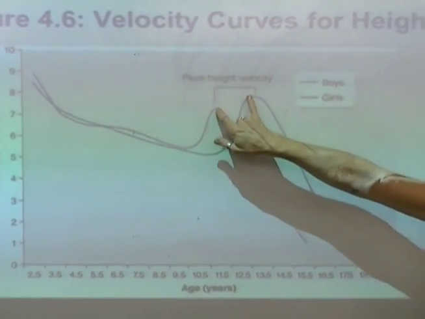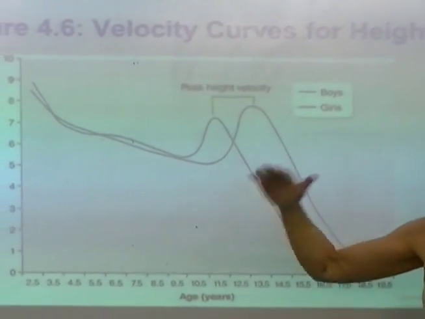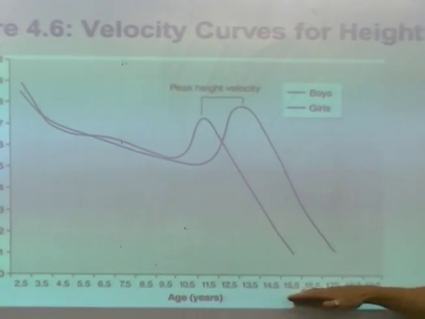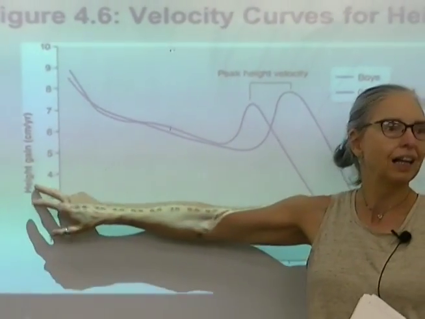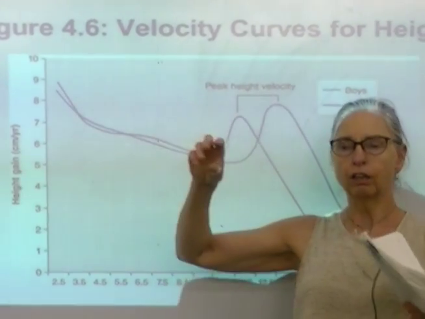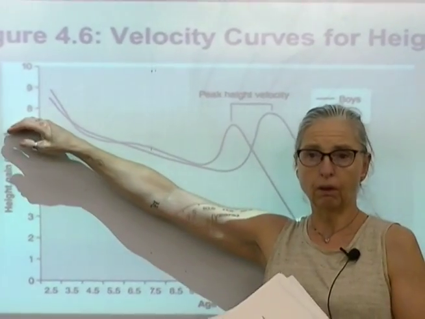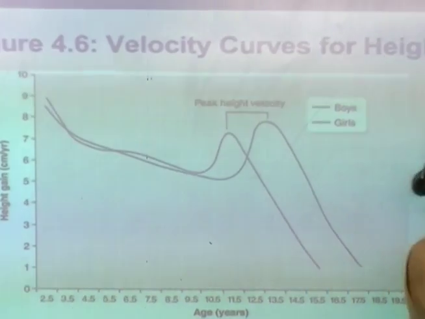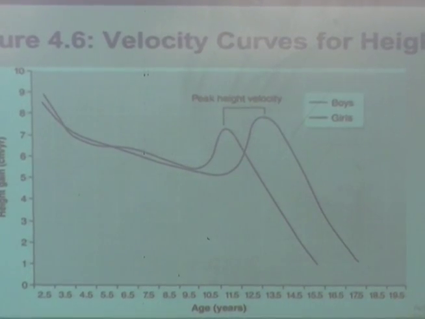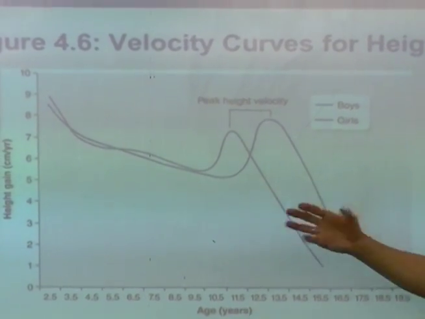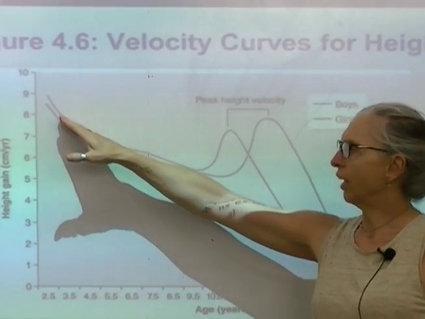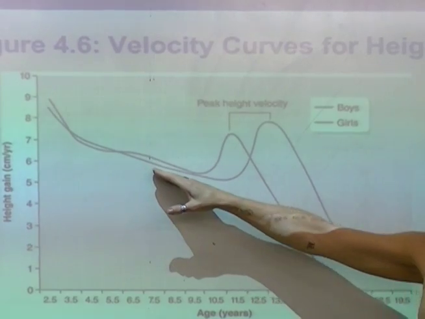Here's my peak height velocity. So this time I have age, or time along the bottom, and I've got height gain, changing growth on the y-axis rather than just pure growth. So, when we look at a velocity curve, obviously, we're not getting smaller as we get older.